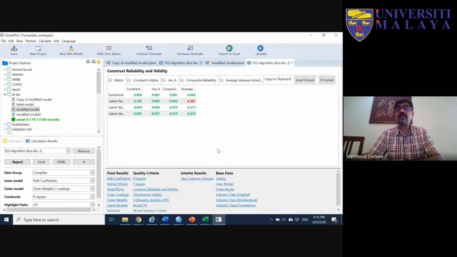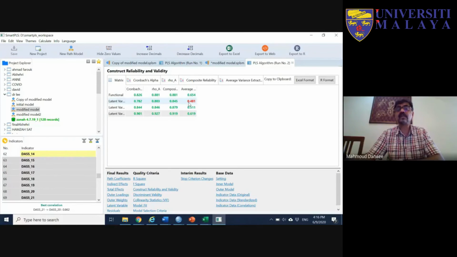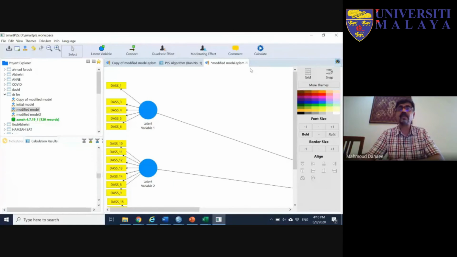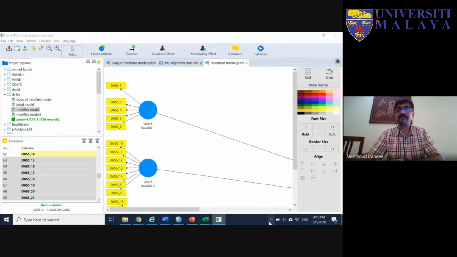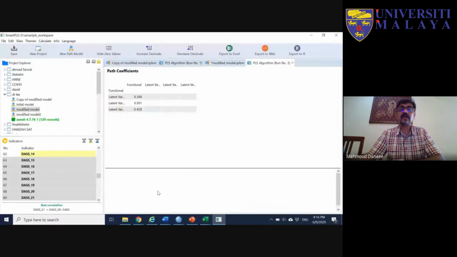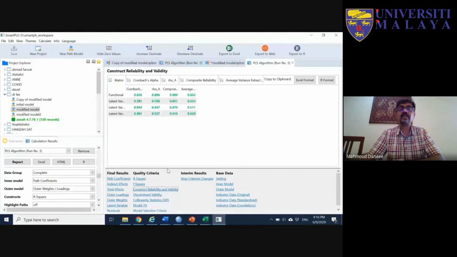So the AVE here does not meet 0.5. That's why I can still remove this item. If I remove this item and run it again, now if I go to convergent validity, perfect.